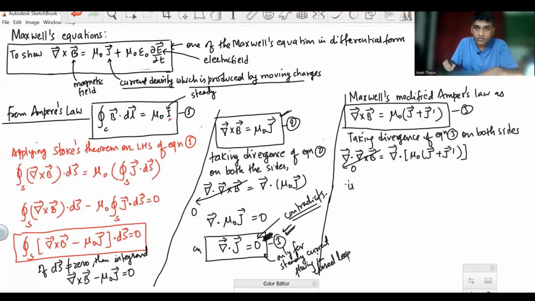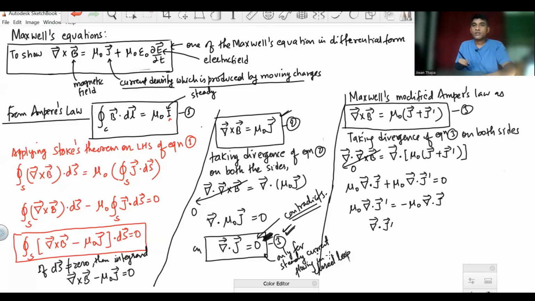So we can write, so finally we get divergence of J dash equals divergence of J. Divergence J dash equals divergence J. So we have this.